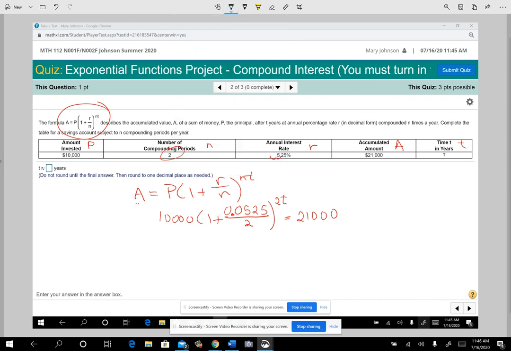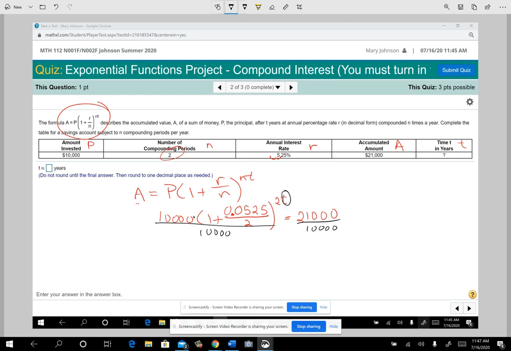Now, what we got to do is we got to solve this. And because T is up here as an exponent, that means logarithms are going to come into play at some point. Okay. So first I need to get the exponential part by itself. So I need to get rid of that 10,000. So I'm going to divide by it.